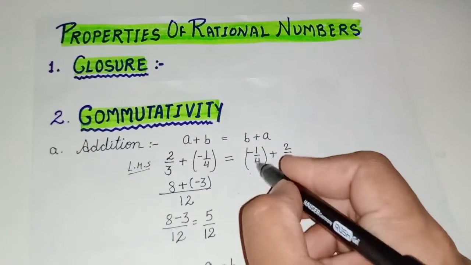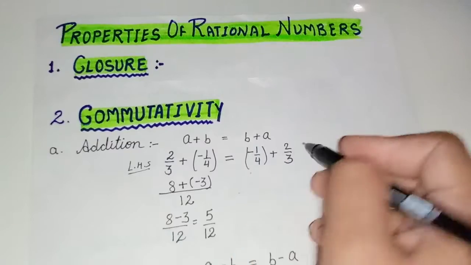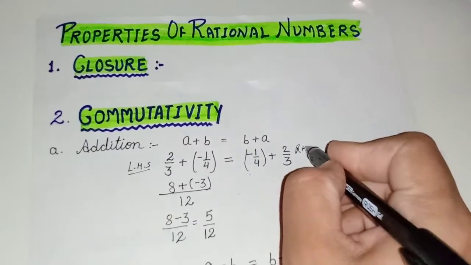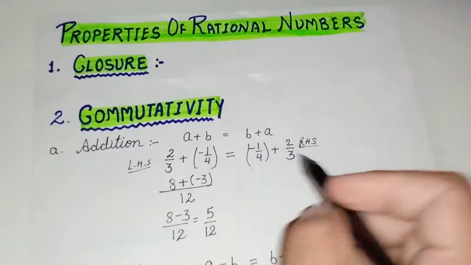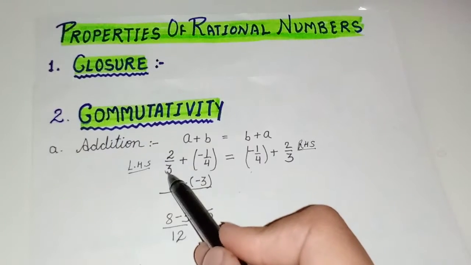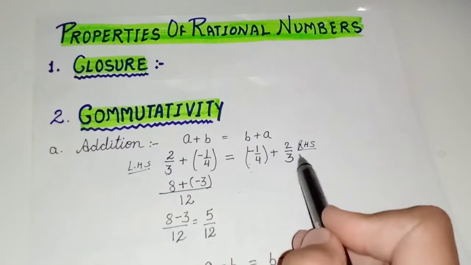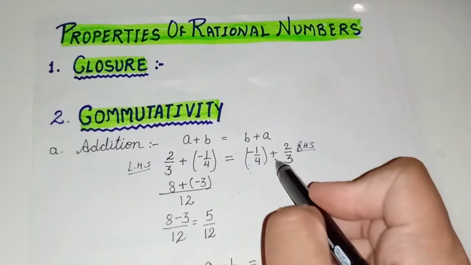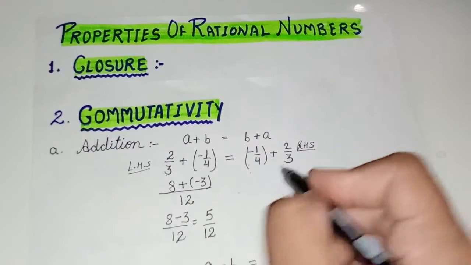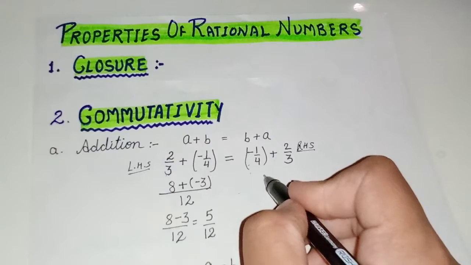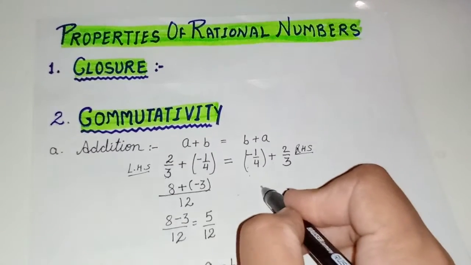Now I will solve this right hand side part. Right, here I have changed the order. It was 2 by 3 plus minus 1 by 4. Now minus 1 by 4 plus 2 by 3. The order has been changed. The operation is the same, addition. So let us see here. Again the LCM will be 12.